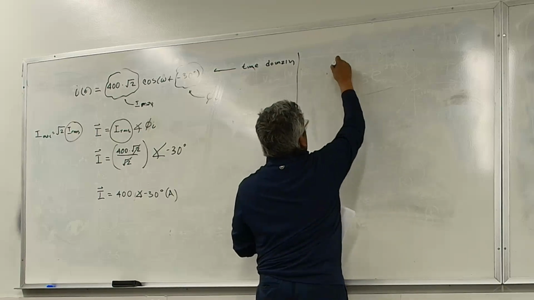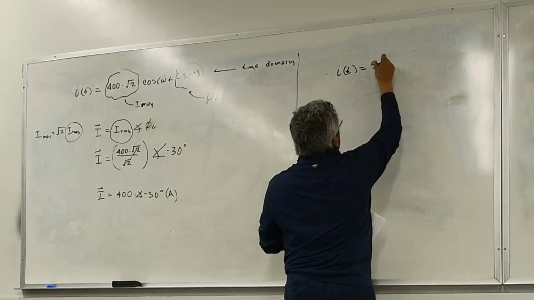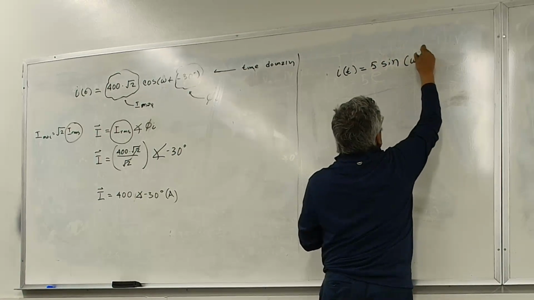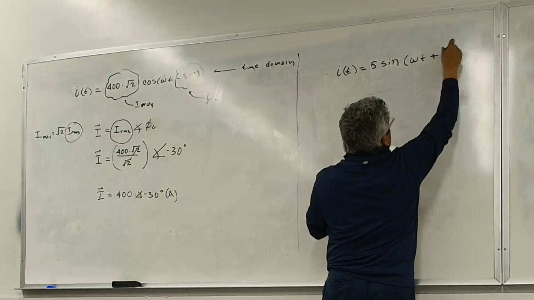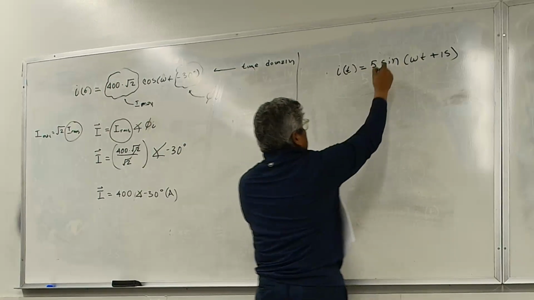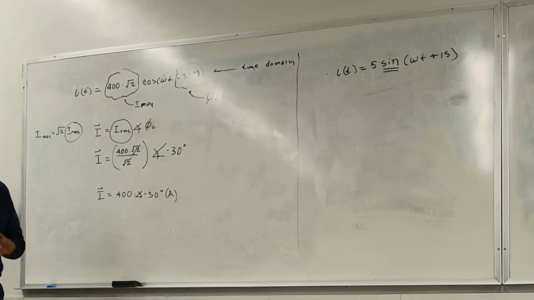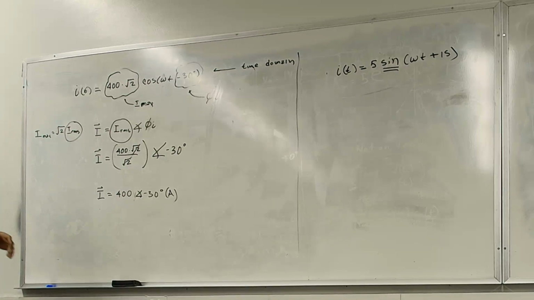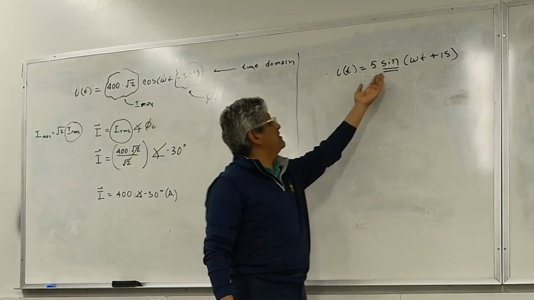They give us the signal i of t is equal to 5 sine omega t plus 15, I think it is. At least that's what it should be on the homework. So the question here is, is it impossible to give a time domain signal using sines?